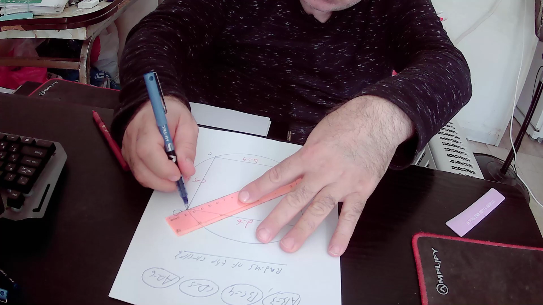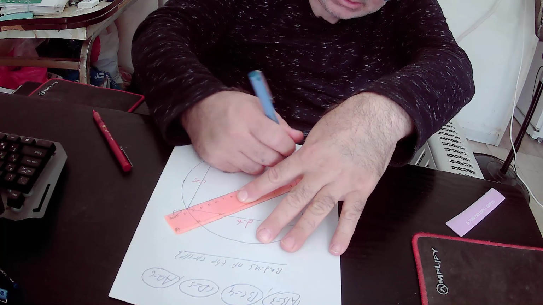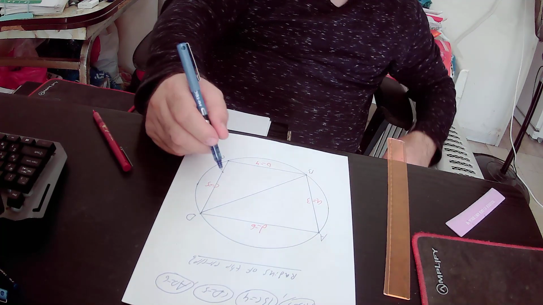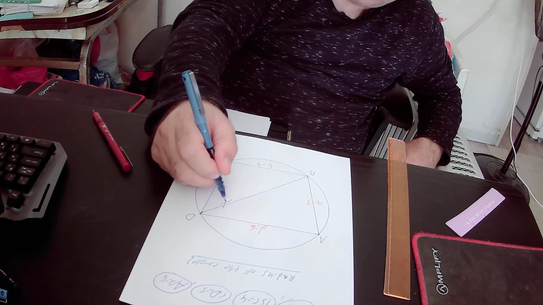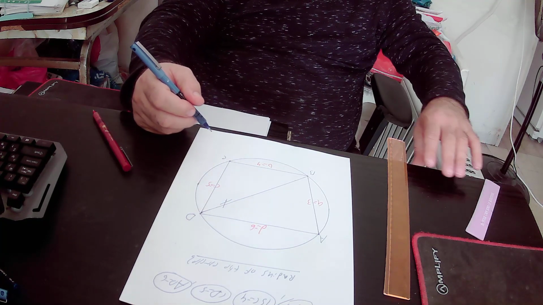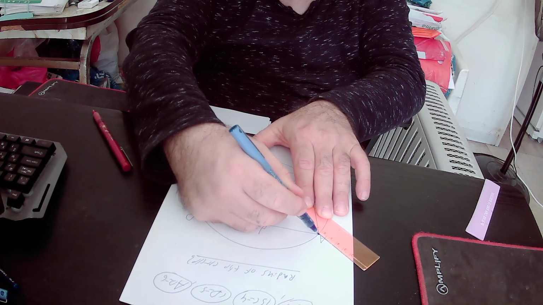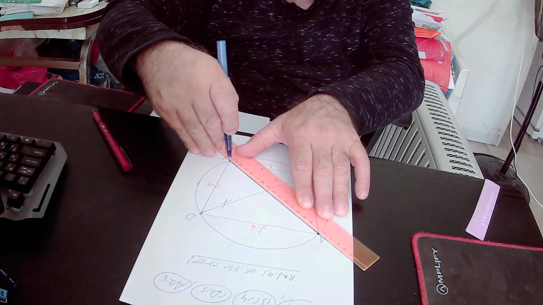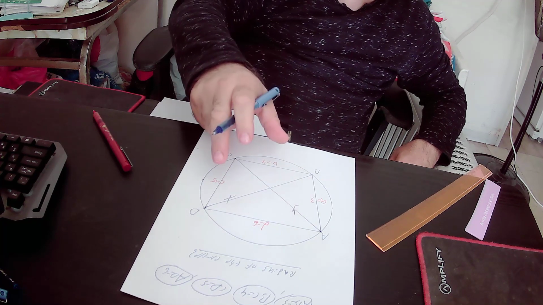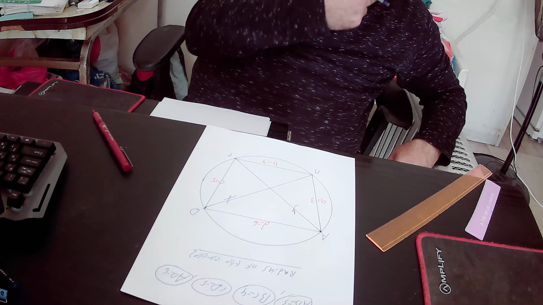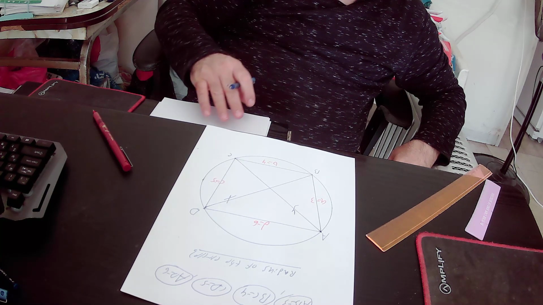The first diagonal will be diagonal BD, and we define the size of BD as x, that is to say BD equals x units, and we will draw the second diagonal of quadrilateral ABCD, that is AC, and we will define the size of AC as y, that is to say AC equals y units, while BD equals x units, and we will implement all of the three rules that I presented to you in our drawing.